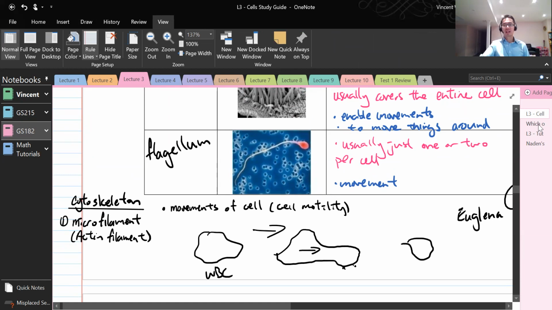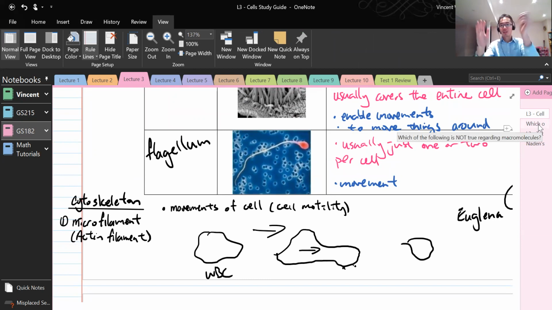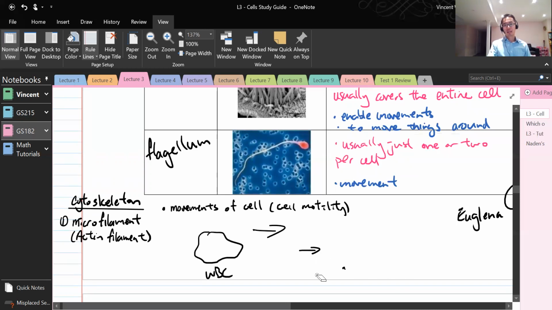It's hard to show with the diagram, but imagine my hand is the cell and this is the surface. It's basically going to grab on and then move like that. In order to move around like that, the actin filament plays a role in allowing that kind of motion. So that's the first function.